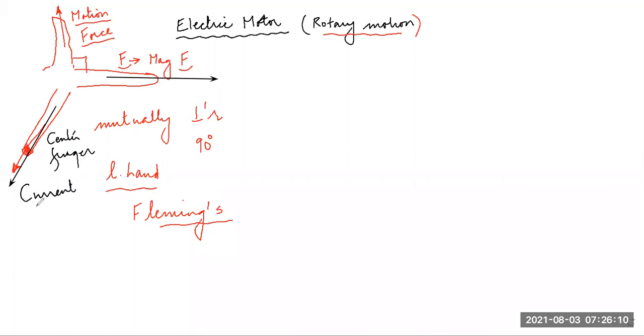If current is flowing in this direction given by the center finger, then the force will be applied because of this magnetic field in a current carrying conductor, where the center finger is showing the direction of current. Magnetic field is in this direction, perpendicular to this, then the force will be experienced in this direction, right?